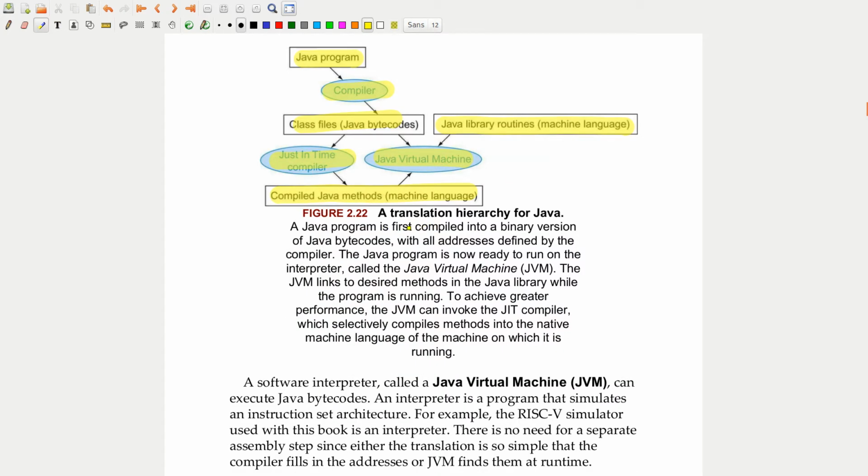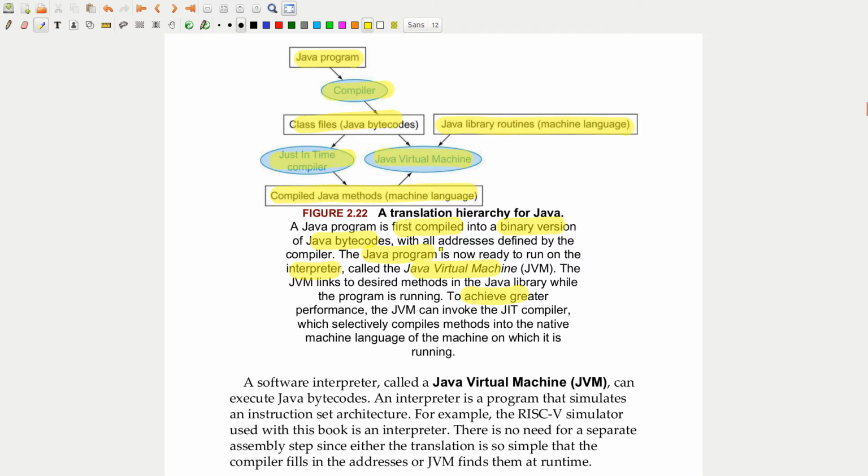So it's first compiled into binary version of Java bytecode. Then the Java program can be run on the interpreter called the JVM. So after it's in bytecode, it can be run on the virtual machine. The just-in-time compiler is for additional performance benefit.